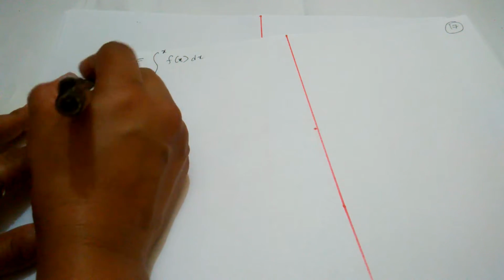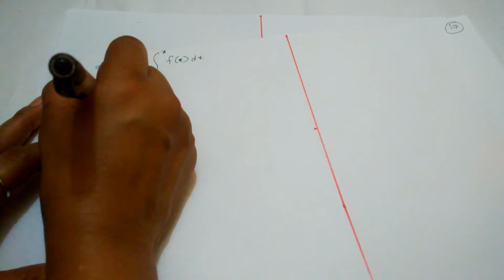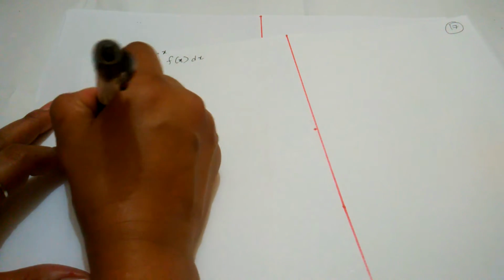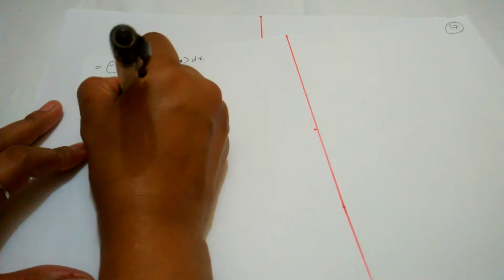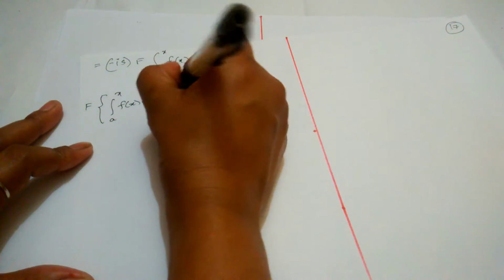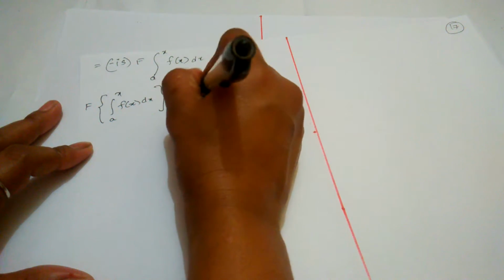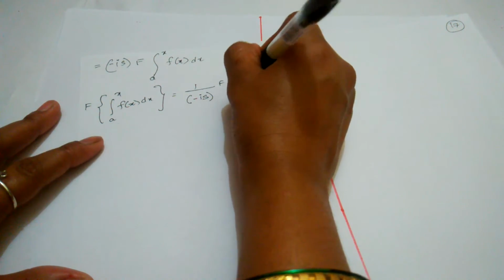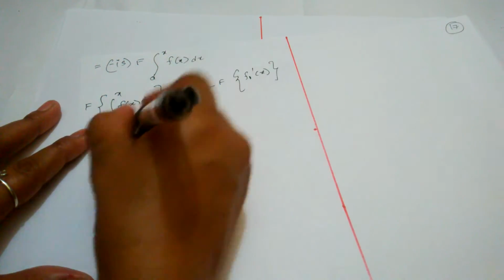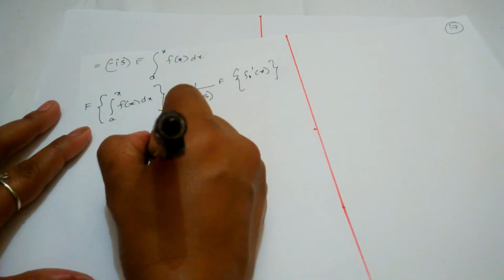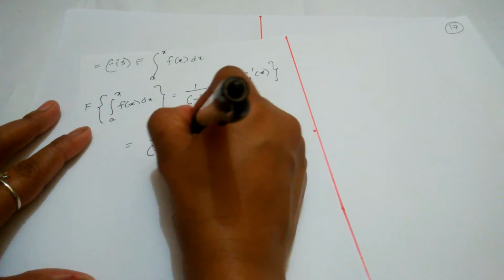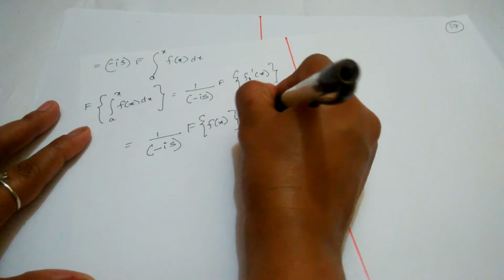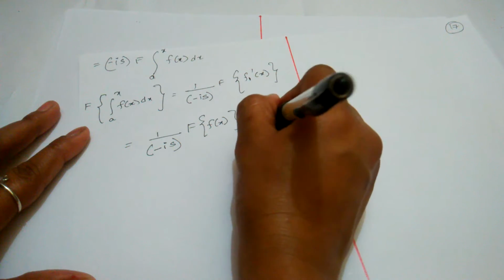So as a result, F of integral a to x f(x) dx is equal to 1 upon minus is F of f dash of x, which is equal to 1 upon minus is F of f(x), which is equal to F(s) upon minus is.